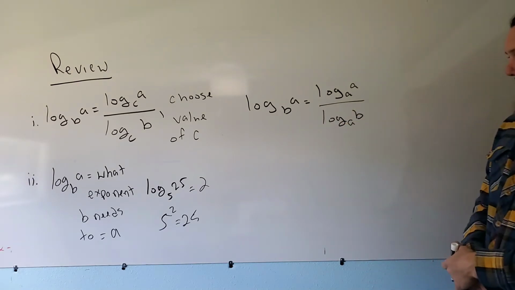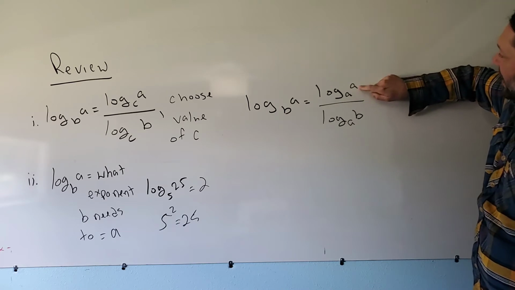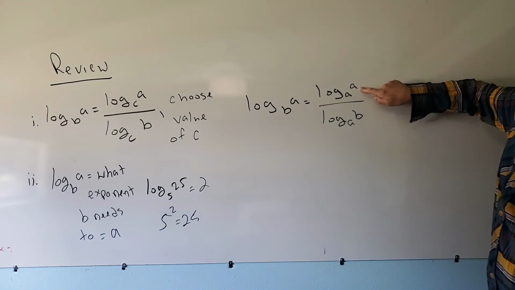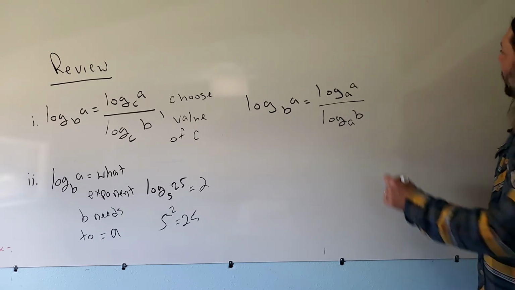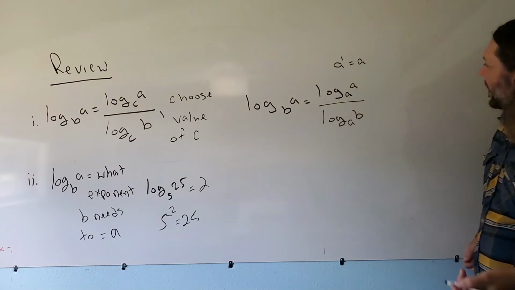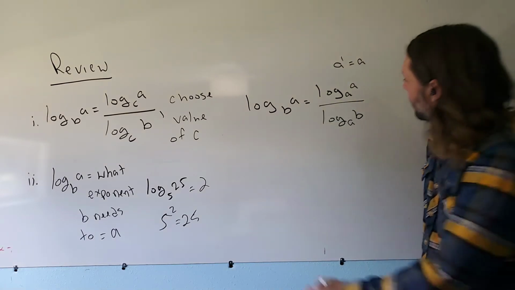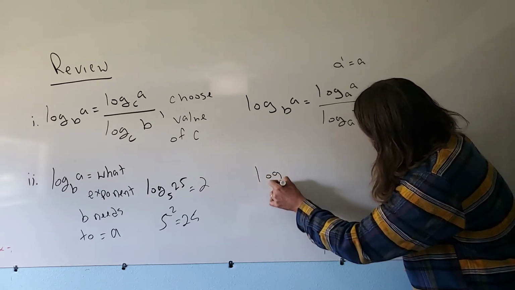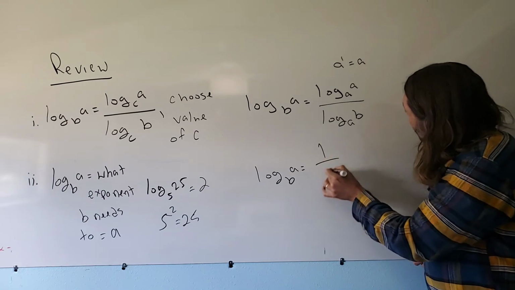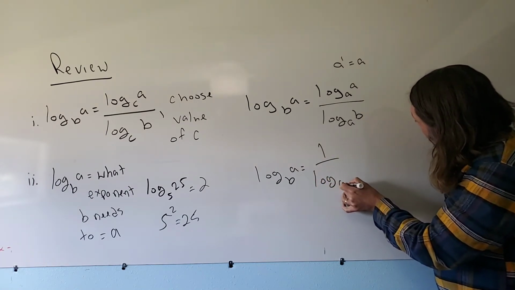Now remember that log base a of a is asking what exponent a needs to turn into a. We know that a to the first power is equal to a. That means that log base b of a will be equal to 1 over log base a of b.